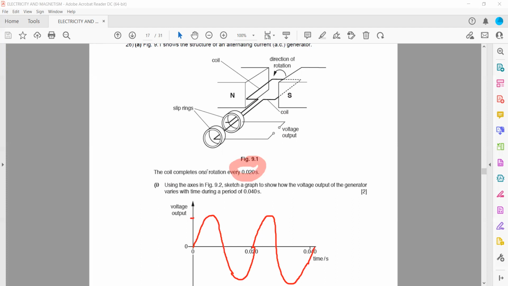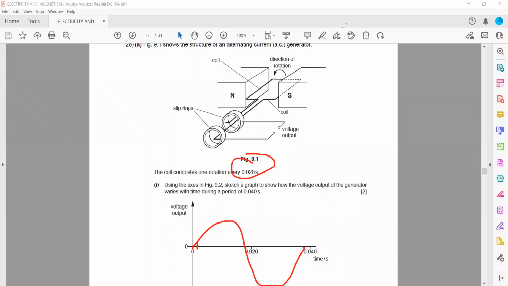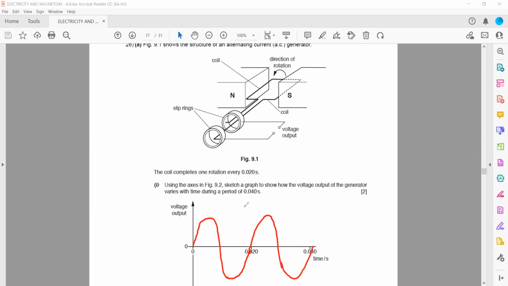So the coil completes one rotation in 0.02. Most of the students did this question wrong, because they did not consider this time of 0.02, and some students only drew one cycle. But you have to consider that the time period of rotation is 0.02, so two rotations will be there in 0.04.